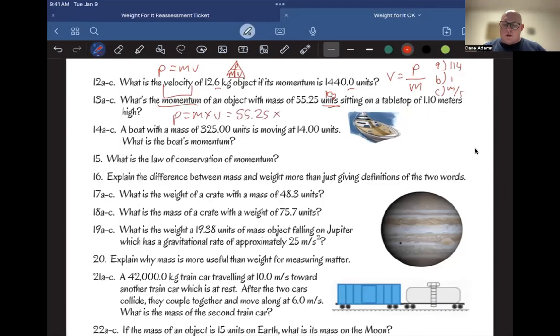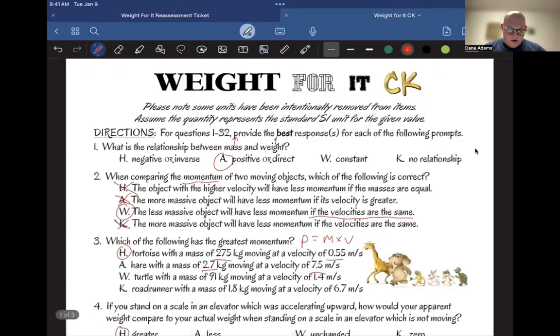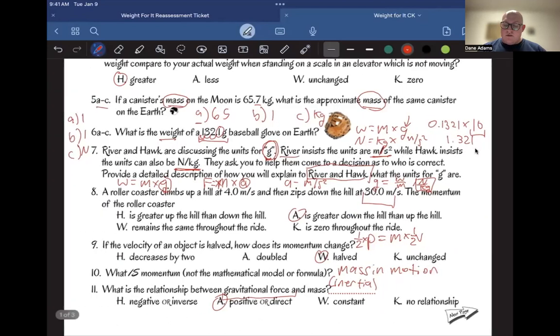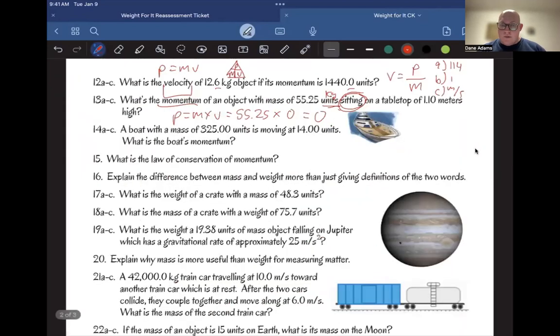The velocity of this object is 0. The object is not moving. So 55.25 times 0 is 0. This object does not have any momentum, which makes sense because the definition of momentum back in number 10 is mass in motion. And if something isn't moving, then it does not have momentum.